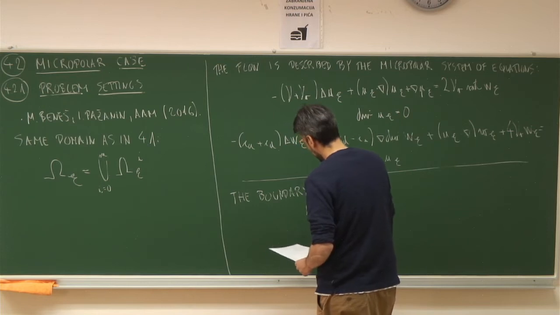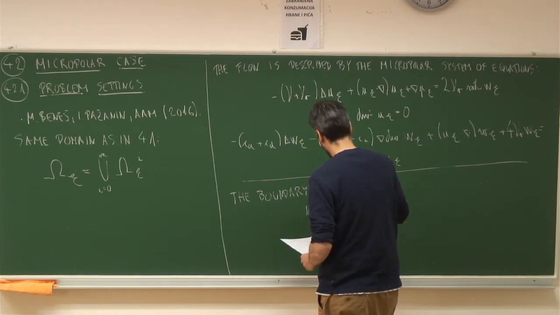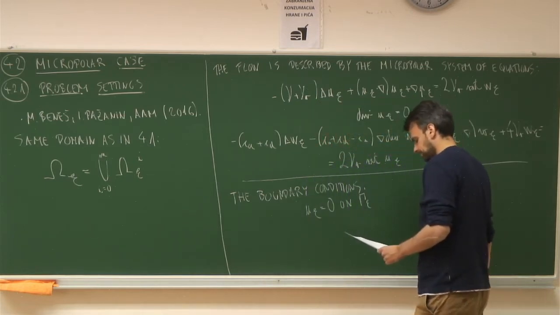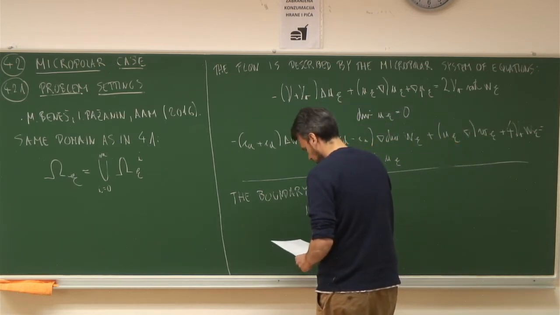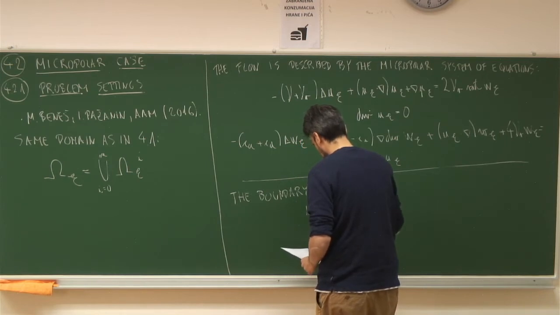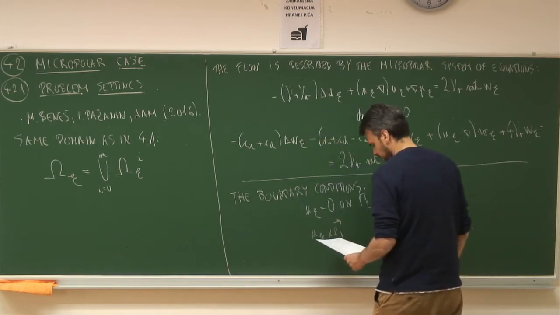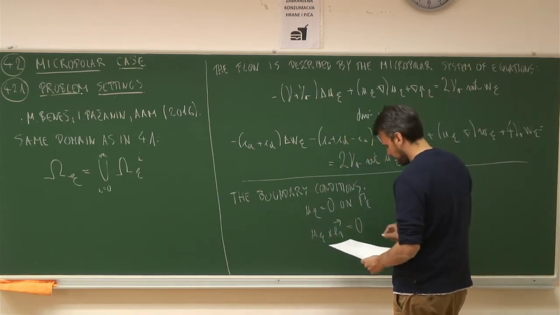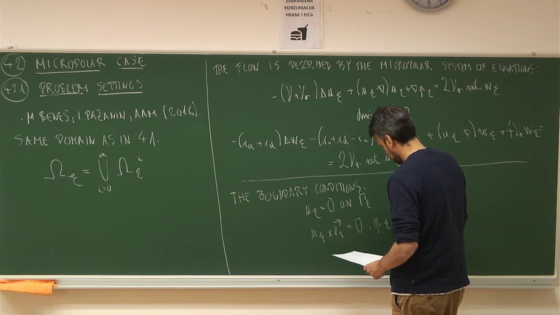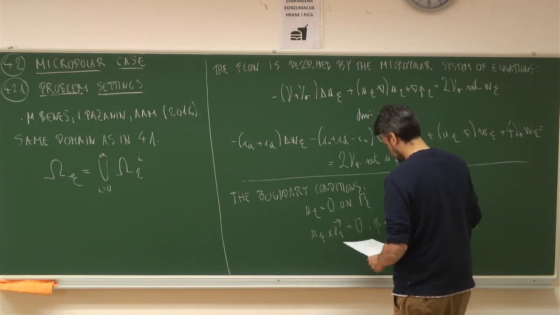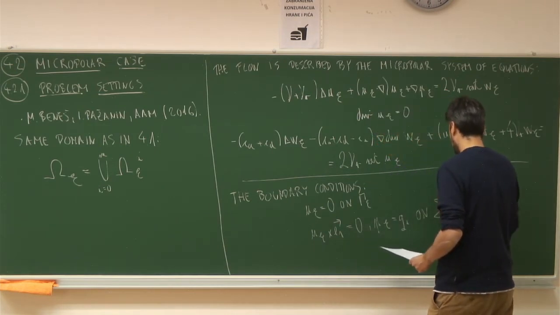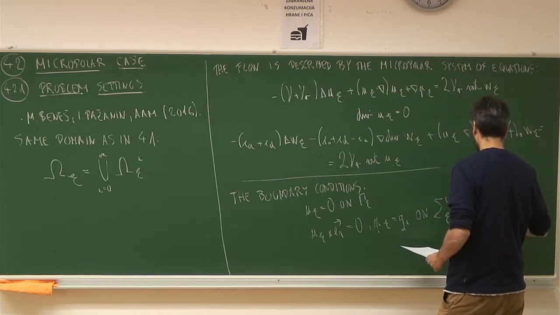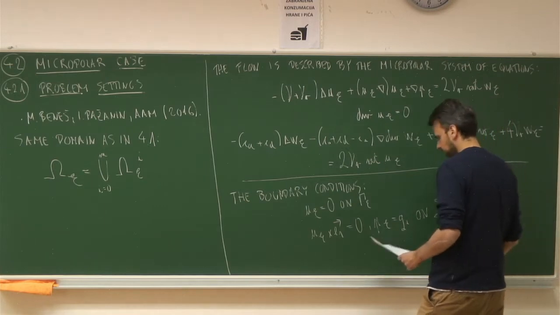So u epsilon is 0 on the lateral boundary. u epsilon cross product by e1 is 0 on the exterior ends. And of course you have the given pressures on the exterior ends sigma epsilon i, where i is 1 to m.